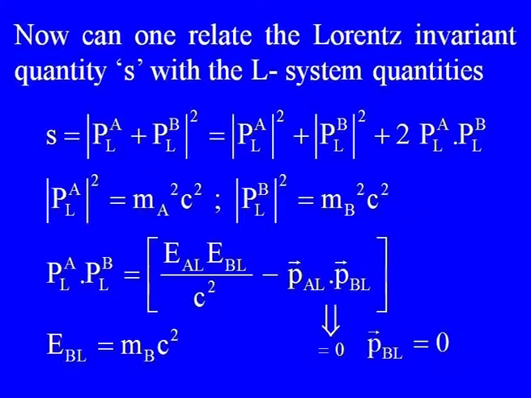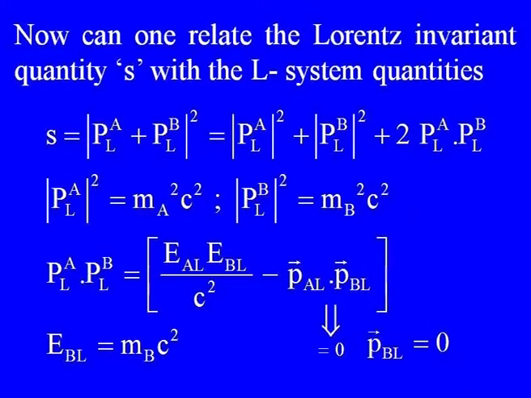Now, we use the norms of the 4 vectors being invariant, and we also use the algebraic expression for the 4 vector dot products. In writing the 4 vector dot product, we remember that the momentum of the second particle B was 0.